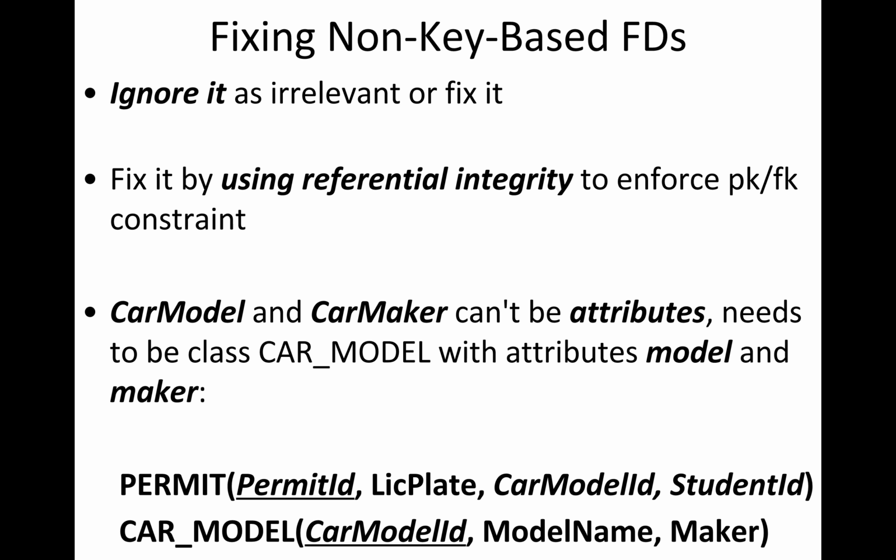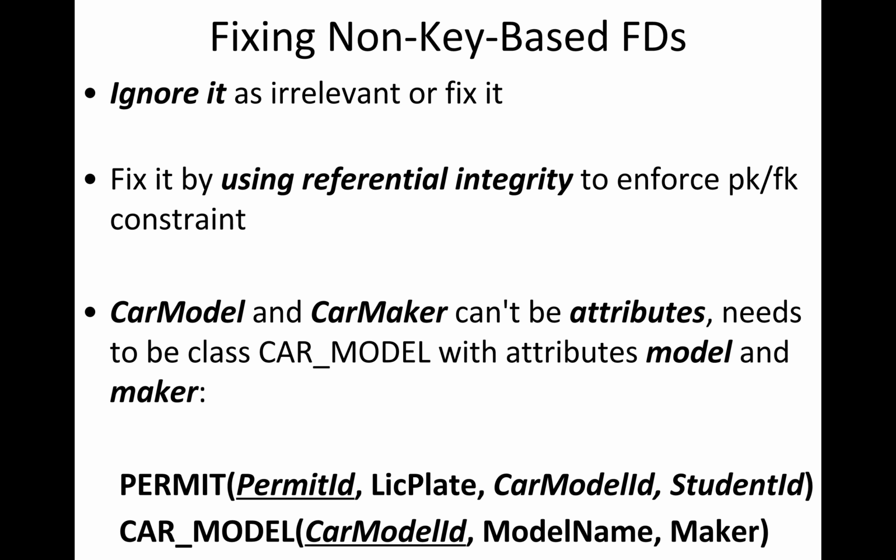Or you might fix it by enforcing referential integrity and deciding that it was a bad idea to make these into attributes. These should have stayed as classes. Or maybe one of them could be an attribute, but the other one has to be a class, a separate table with just a list of all the car models. So here we backpedaled and said, well, maybe it was not a good idea.